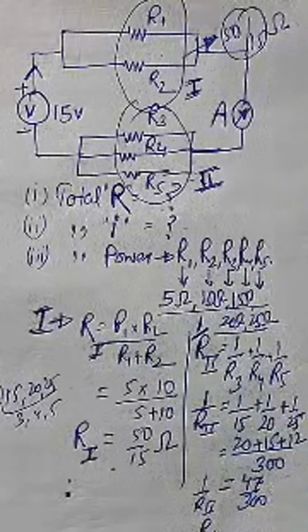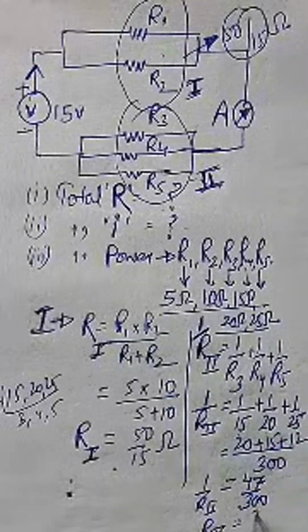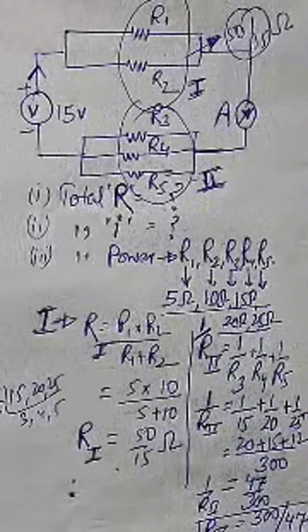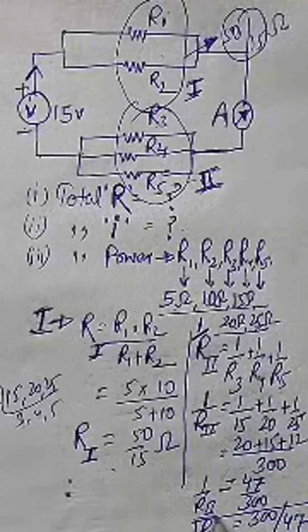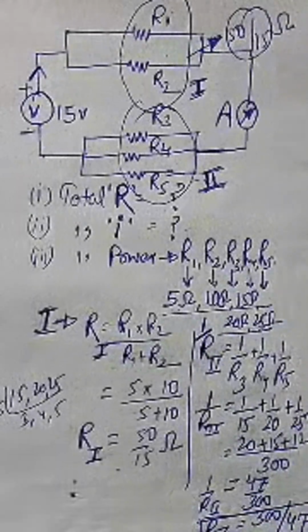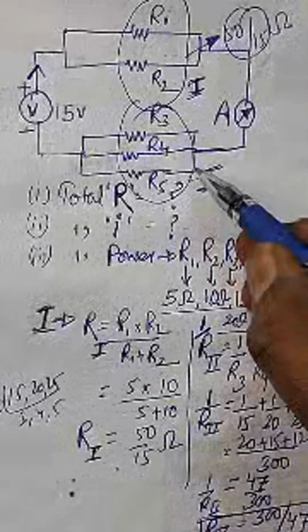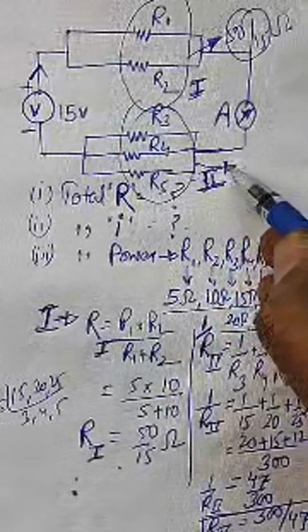So R2 can be said as equal to 300 divided by 47, because this was into the multiplicative inverse. Okay, so 300 by 47 is the value of this combination, second combination, right?